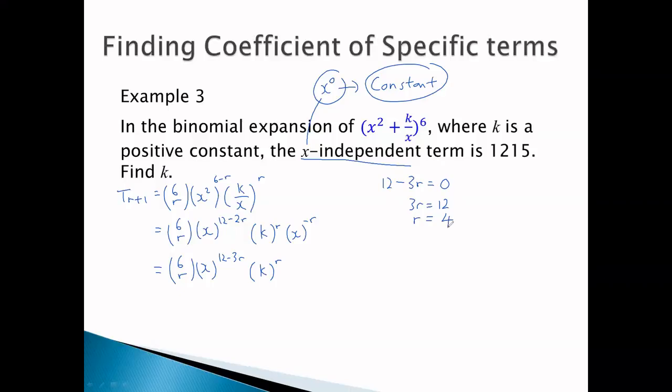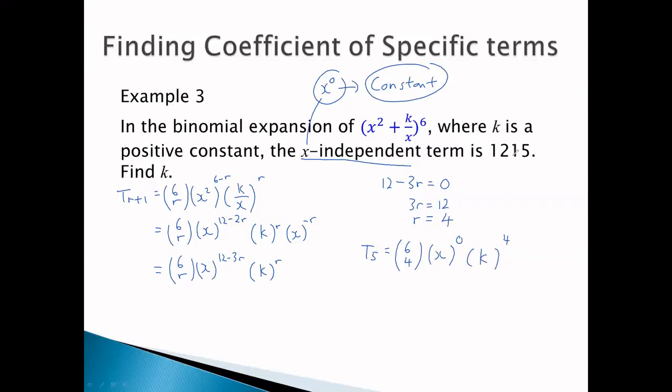All right, so if R is 4, according to my general term, it will be the fifth term because it is T R plus 1. Fifth term, 6 choose 4, x to the power 12 minus 12 is 0, which is good because we are actually finding the x-independent term, and k to the power 4.